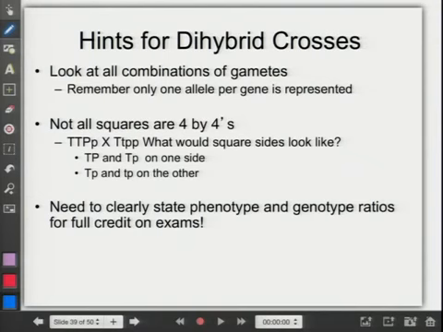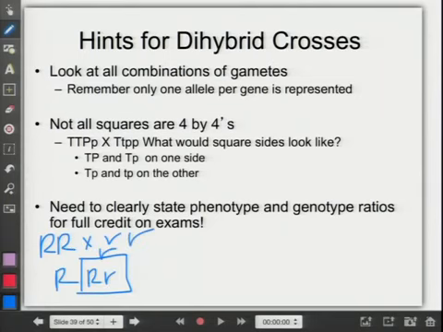Okay? But for most 2 gene crosses, especially ones where I'm going to ask you something about how many offspring do whatever, as long as one of them is homozygous, your square is never going to be 16 squares because some of the lines will be redundant, right? And that goes back to when I was making fun of them because they only put one R in one and they just did that.